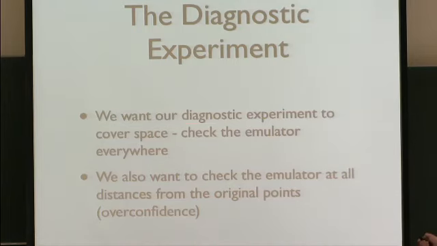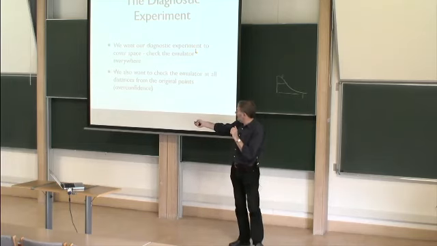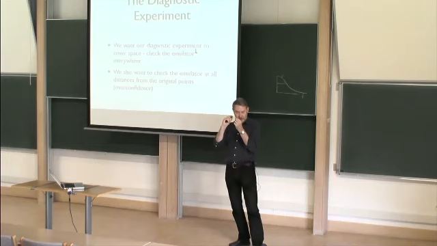We want this second diagnostic experiment to cover space because you want to check the emulator is good everywhere, so we want a nice space filling design. But we also want to check that the emulator is good at all distances from the original points. In particular you can get overconfident emulators where the uncertainty bounds are too narrow.